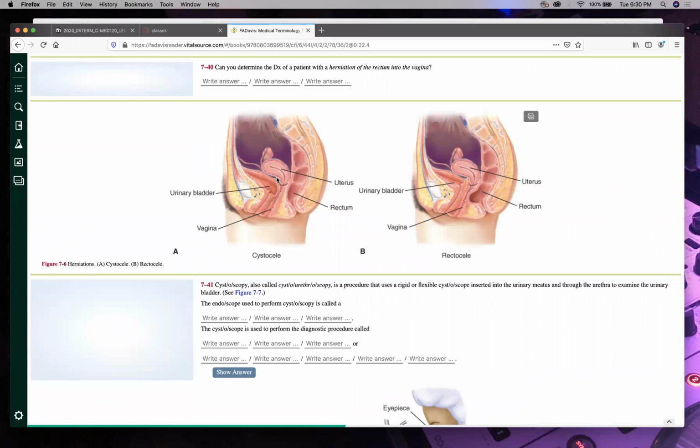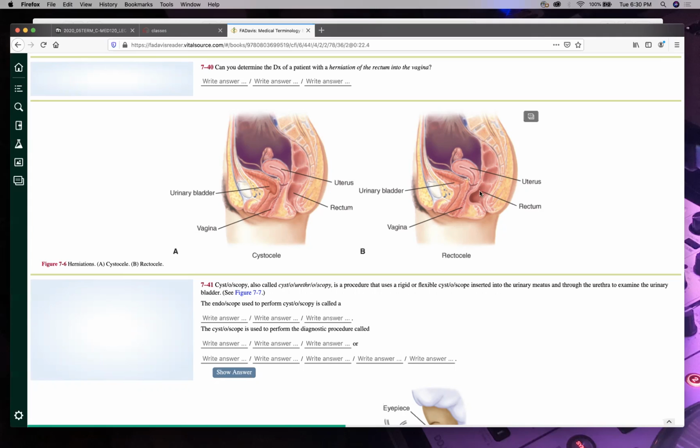A cystocele is a herniation of your urinary bladder, meaning your urinary bladder is sticking out where it shouldn't. So let's say, for example, here it might prolapse, as you could see here. It's sticking out and prolapsing into the vaginal canal here, or it can droop down this way as well. And that's called a cystocele.